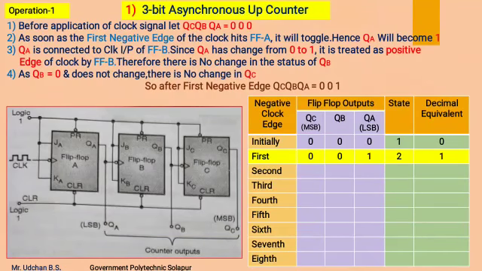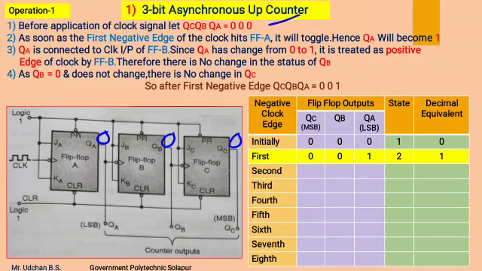Now we will see the operation one by one. Before the application of the clock signal, the outputs we have considered as 0, 0, 0. So QC is 0, QB is 0, and QA is also 0.